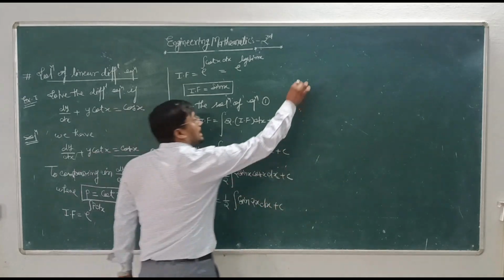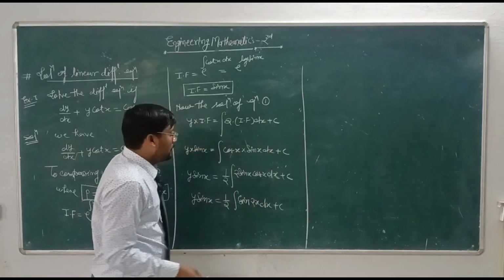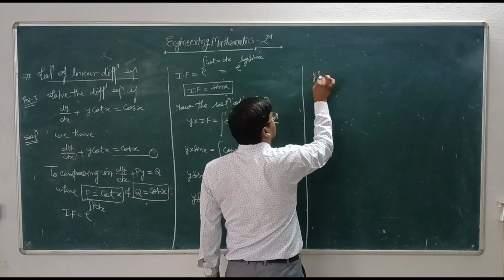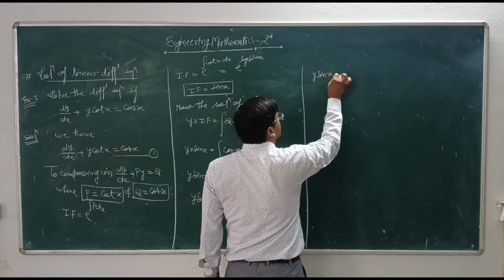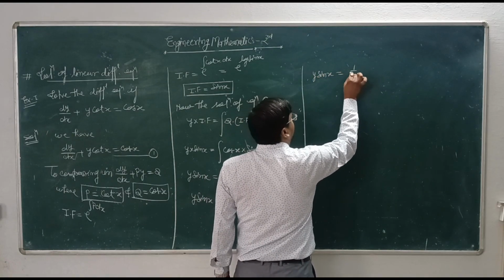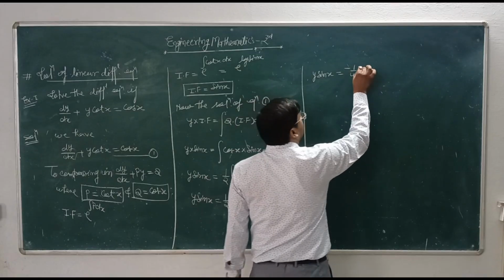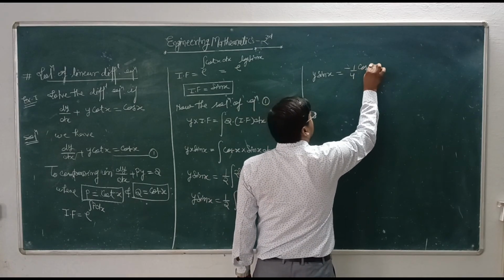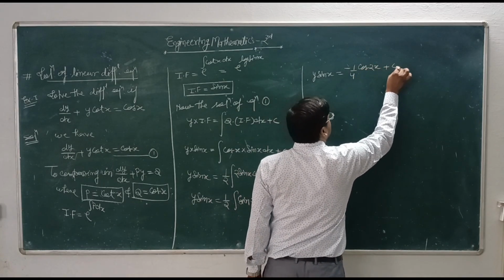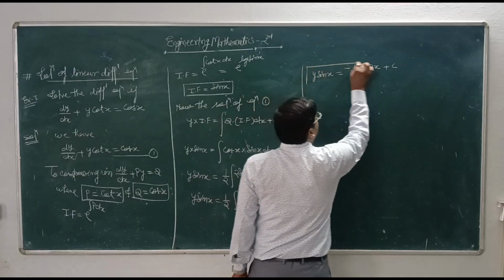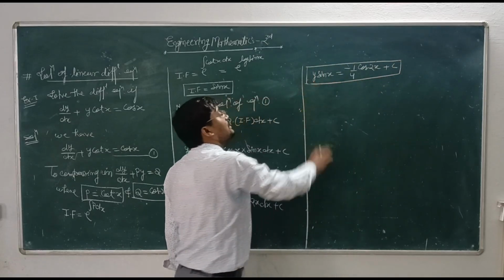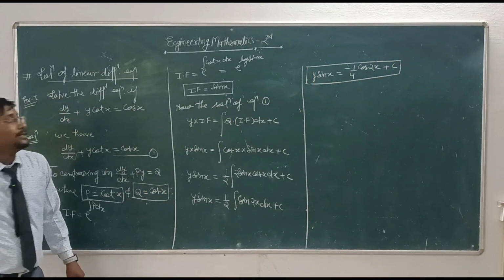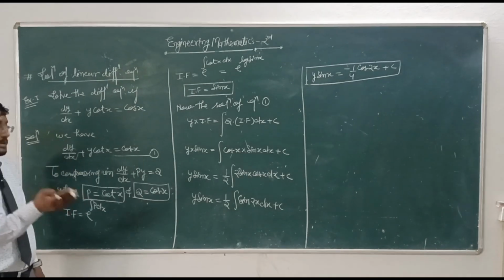Now y into sin x is equal to 1 by 4 minus cos 2x plus c. This is the solution of the linear differential equation. First, note down this numerical step by step.